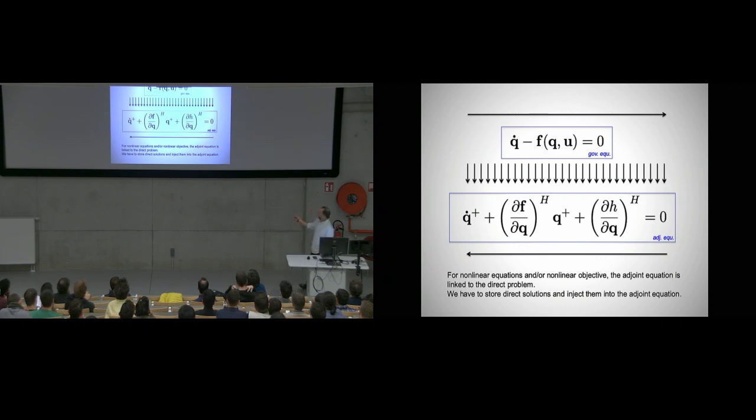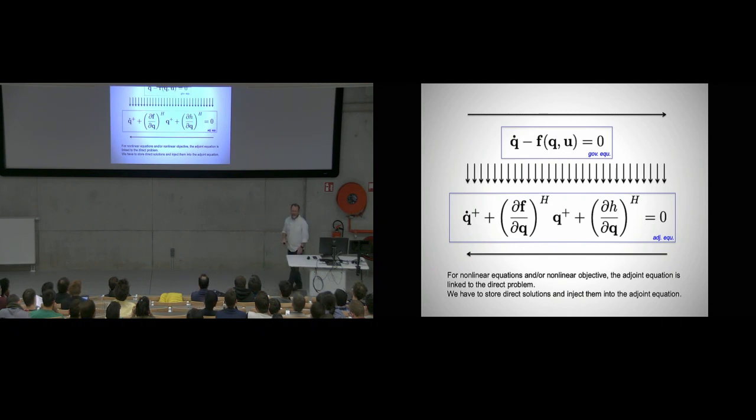The adjoint equation actually is solved backwards in time, from capital T back to 0. Okay? All right. So in order to do the reverse integration from T to 0, I will need all the q's that I actually calculated on the forward problem because I need it for these coefficients.